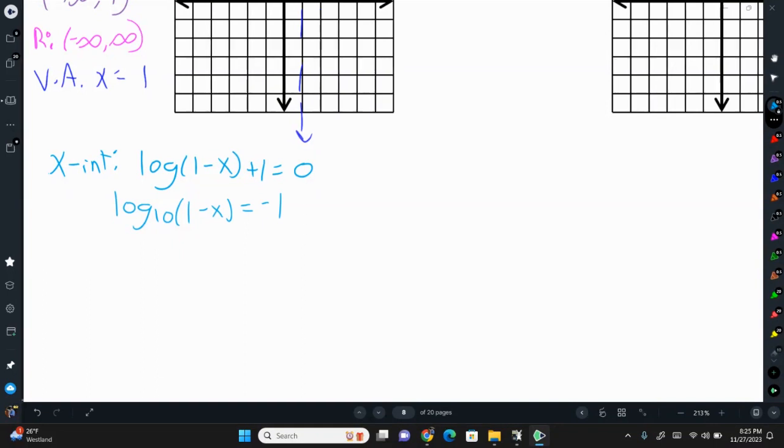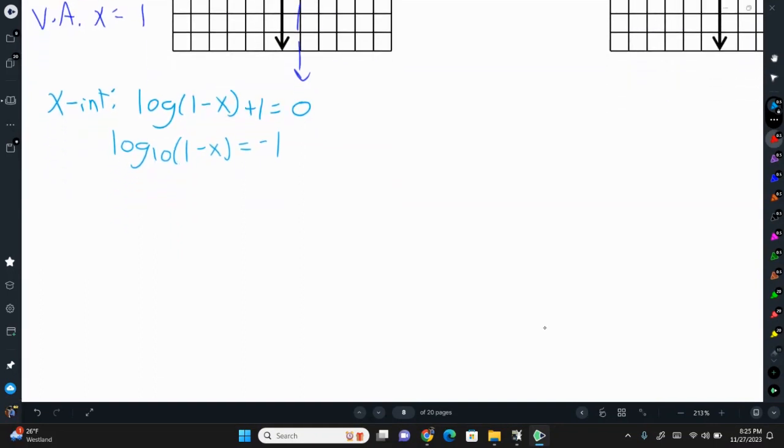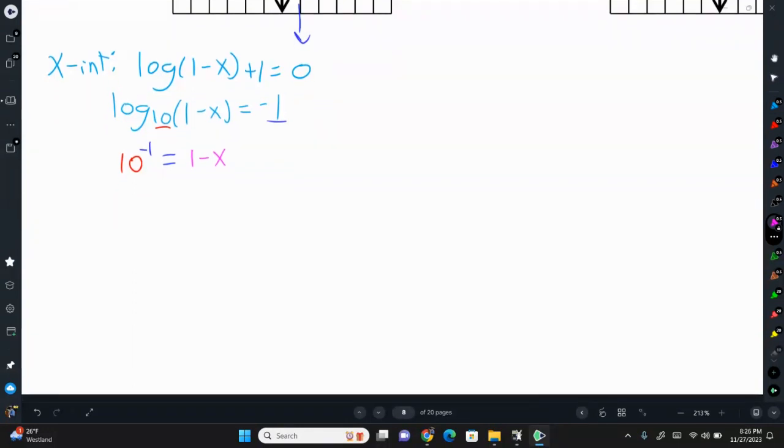And I decided to write that 10 in there now so that way we can see that when we change this to exponent form, we get 10 to the negative first power is going to be 1 minus x. 10 to the negative first power is 1 over 10. So 1 over 10 equals 1 minus x. So what we need to do is get this x to be positive.